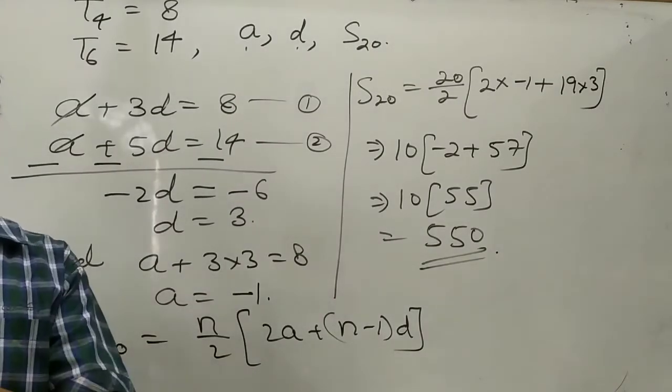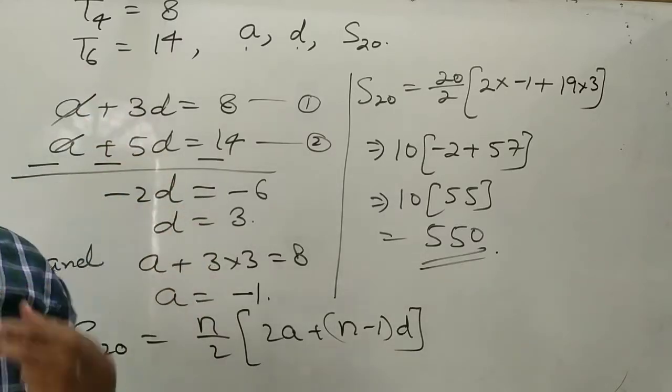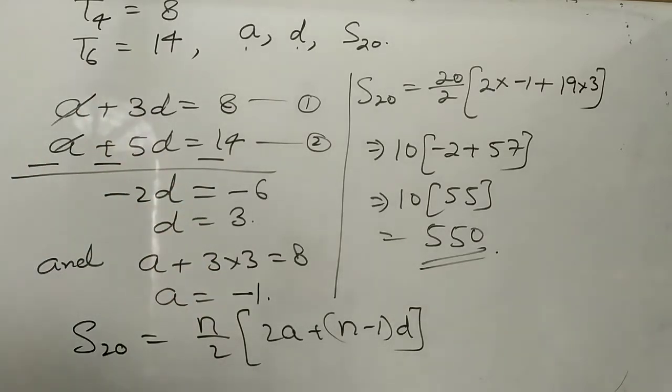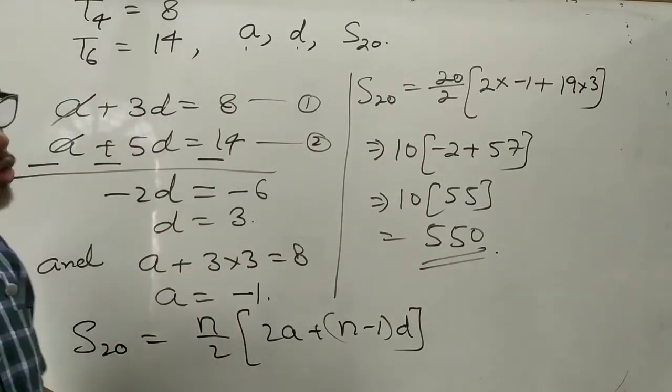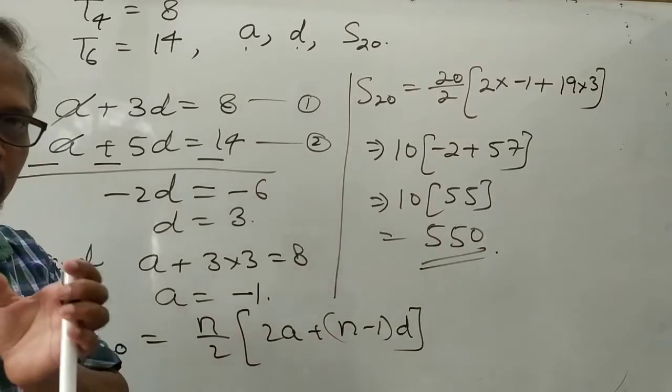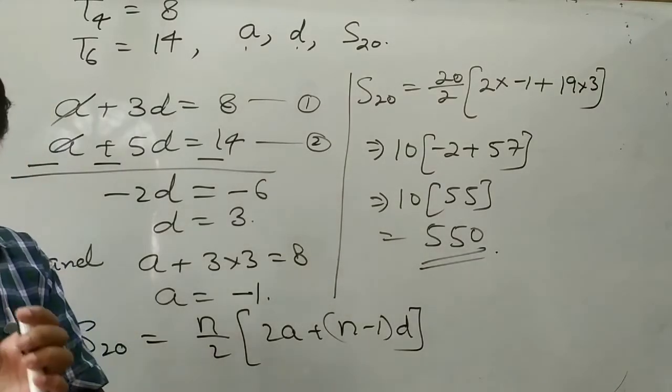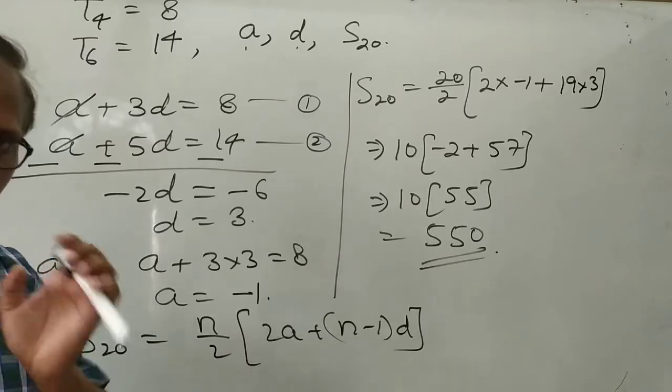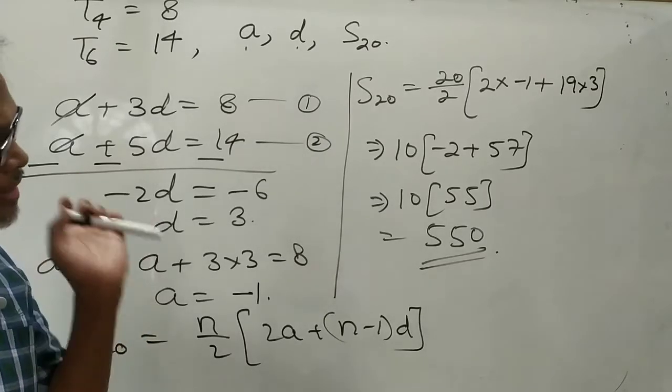So in this way you can get the answers to the questions, using only the formulae of the AP, that is Tn is equal to, l is equal to, and Sn is equal to.